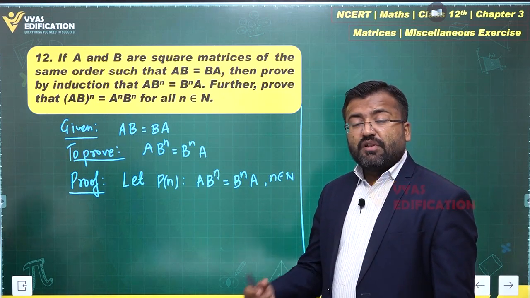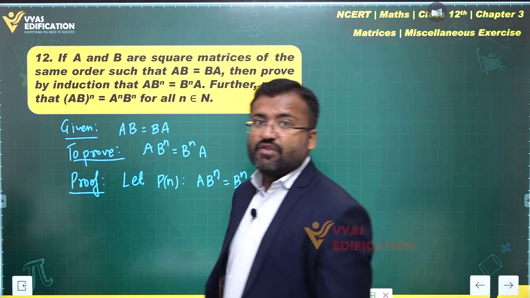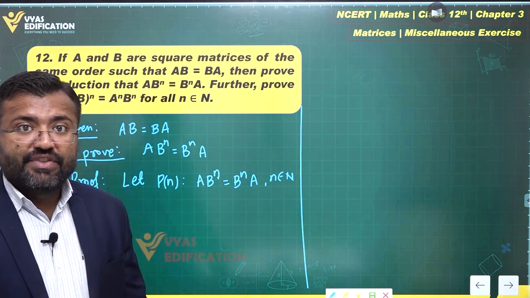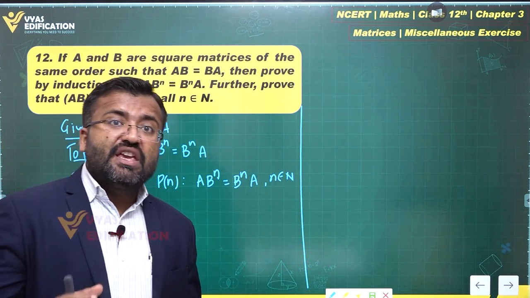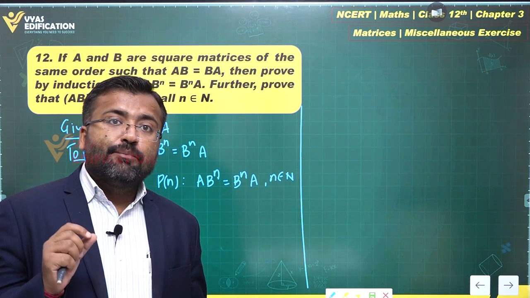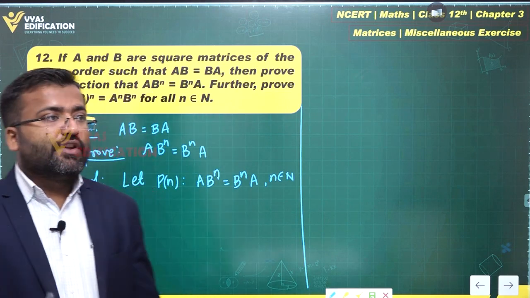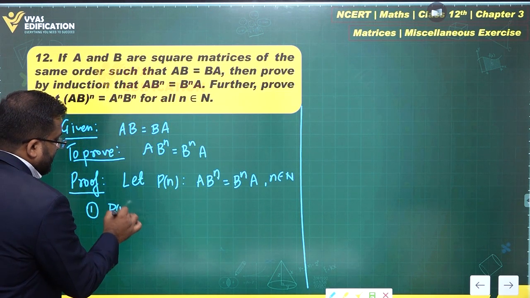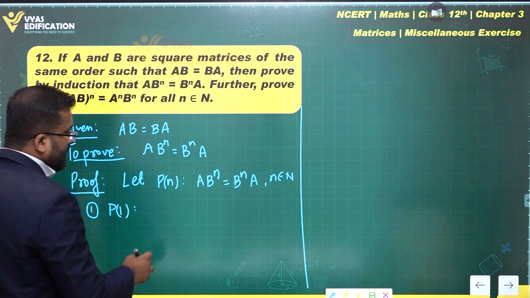Now proving by the principle of mathematical induction involves 3 steps. What is the first step? We'll have to check whether P1 is true. The second step says assume Pk is true, and on the basis of that, step 3 says prove that Pk plus 1 is true. Okay, those are the steps that will follow. So step 1: check P1, P1 should be true. What do we have?